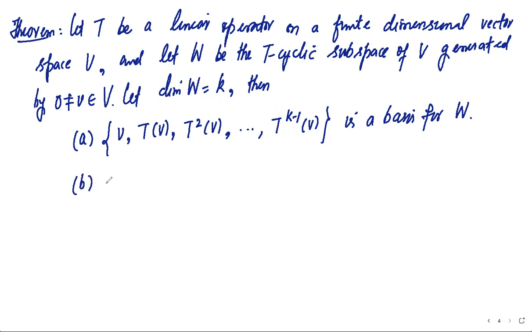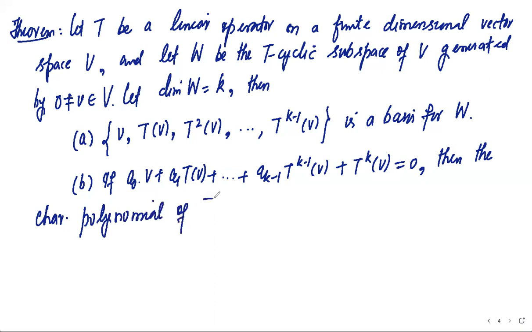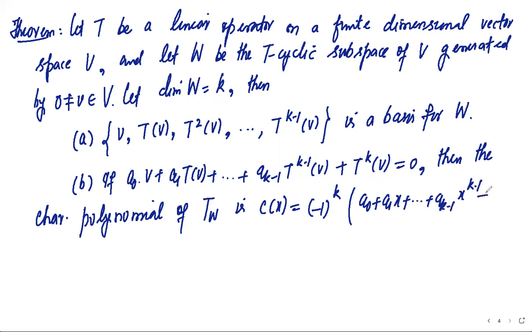Then the second part is: if a0 v plus a1 T of v plus so on plus a(k minus 1) T to the k minus 1 of v plus T to the k of v is equal to 0, then the characteristic polynomial of TW is c of x, which is equal to (-1) to the power k times (a0 plus a1 x plus so on plus a(k minus 1) x to the k minus 1 plus x to the power k).